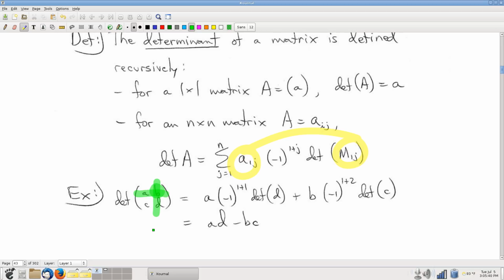Cross out the row and the column, and what's left is C, which is that right there.